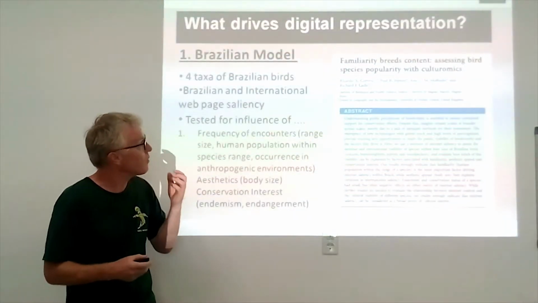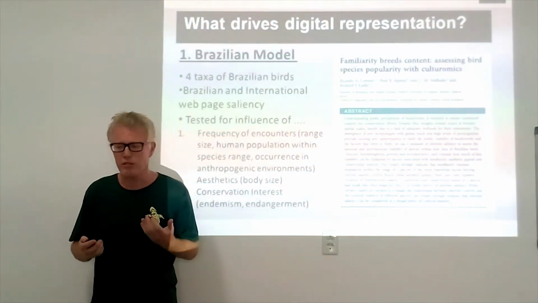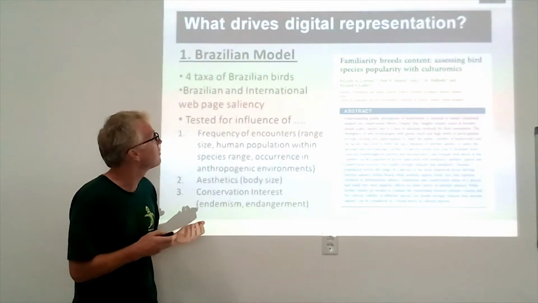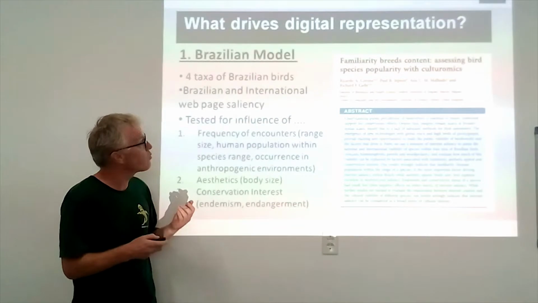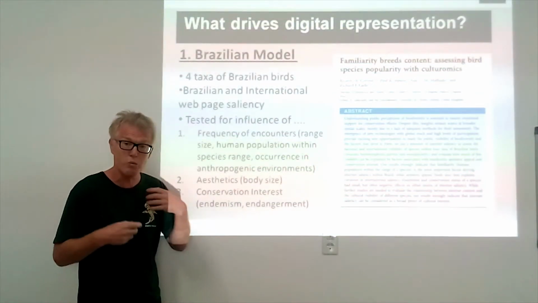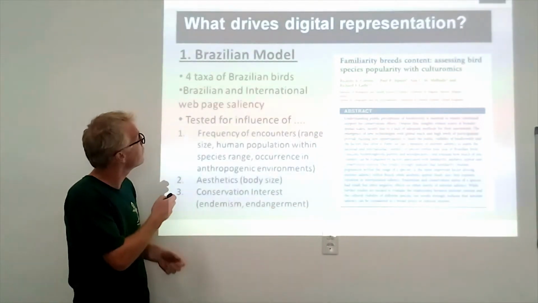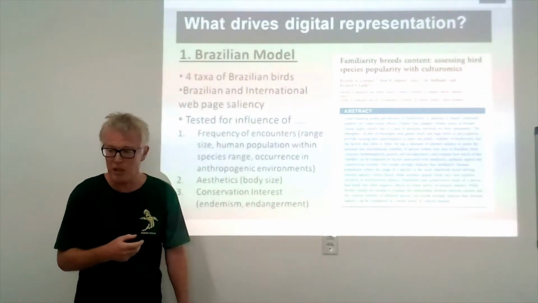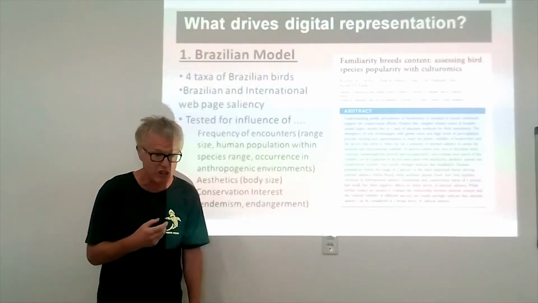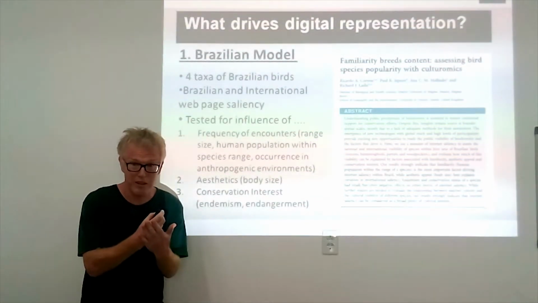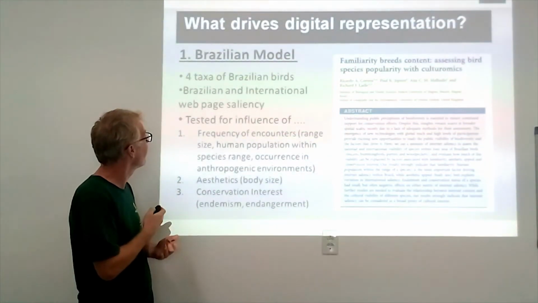Okay. So we've done a couple of studies about what drives digital representation. This was our first attempt at it, before we developed the full model for representation. We looked at four taxa of Brazilian birds: toucans, hummingbirds, parrots, and woodpeckers.